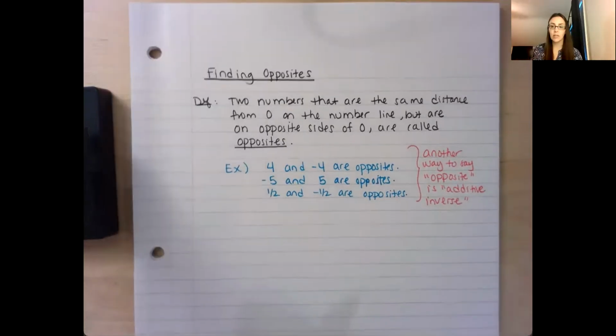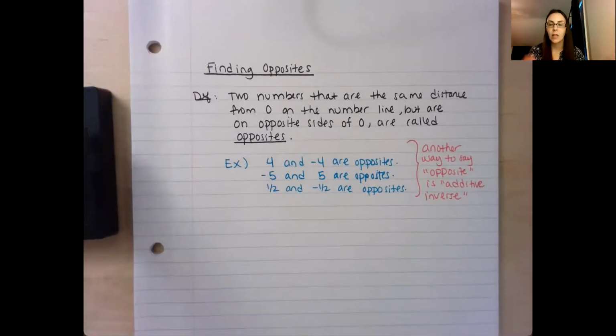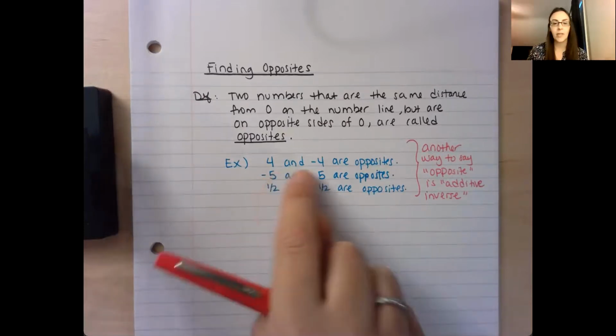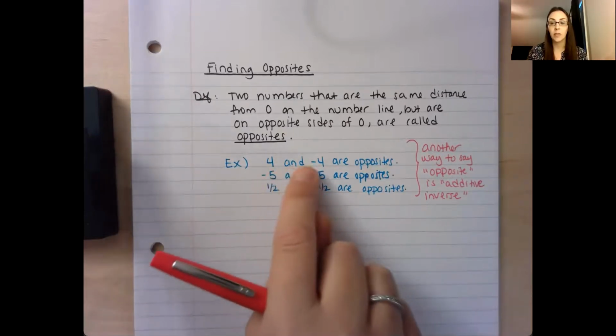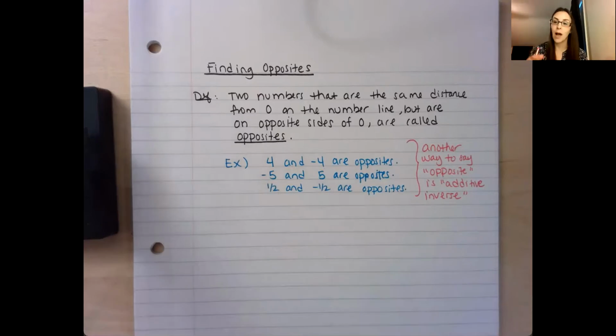So inverses in math are opposites. There's all different kinds of opposites, right? So the opposite of multiplication is division. The opposite of addition is subtraction. Here, these are opposites because they are the same distance from 0, but have different signs. One's positive, one's negative. So in math, there are a lot of different kinds of opposites.